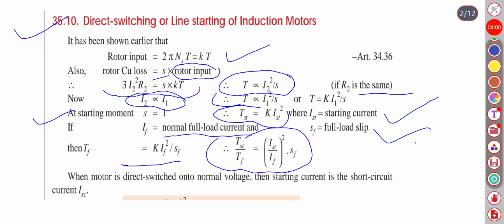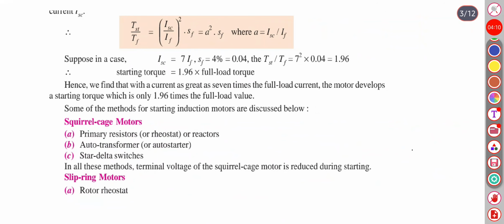When the motor is directly switched on to the normal voltage, the starting current is the short circuit current, I_SC. Therefore, T starting by T full load will become A square into slip, where A is the ratio of I short circuit divided by full load current.